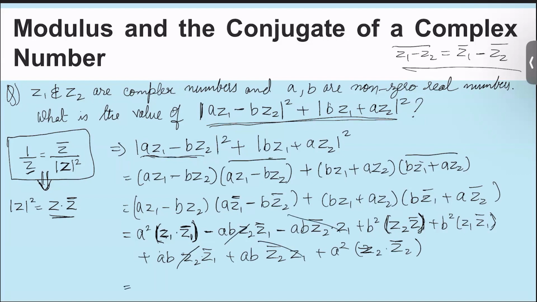So what you are left with is a squared, and z1 multiplied by the conjugate of z1 gives the square of the modulus of the complex number itself.